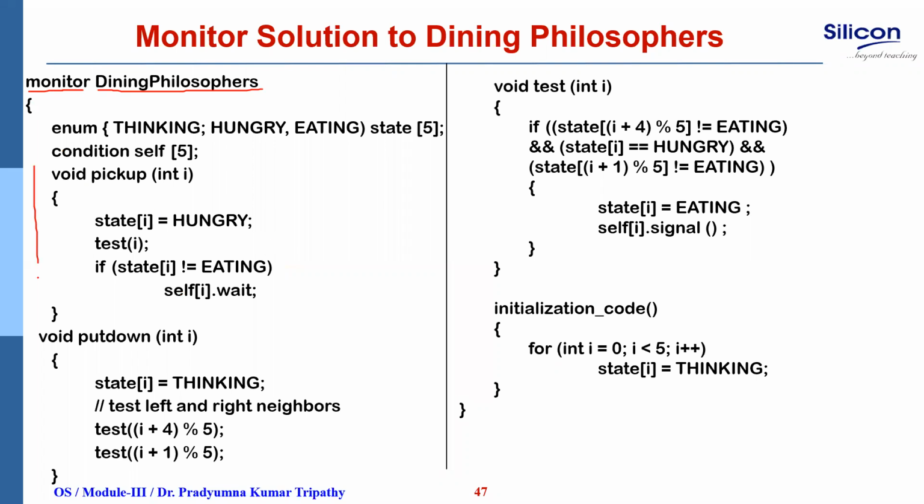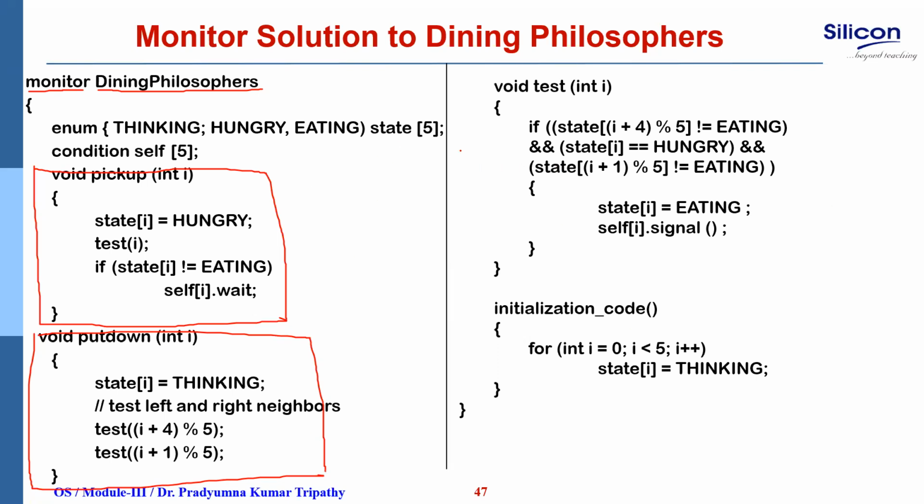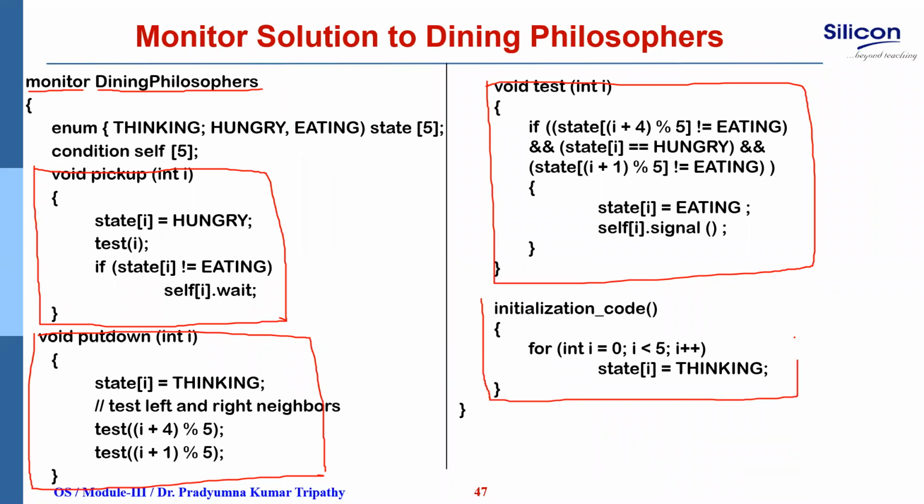Pick up is one procedure, put down is one procedure, and the third one is test. And as I told you, there might be a constructor, a kind of initialization code. So inside the monitor, we have 4 procedures, out of which one is the constructor or initialization code.